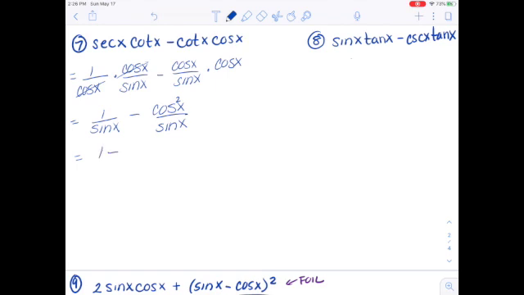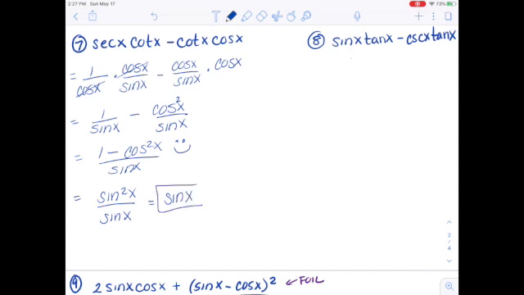So let's just subtract across the top, 1 minus cosine squared of x over sine of x. All right, and I identify 1 minus cosine squared of x. That's your Pythagorean theorem identity. And you get sine squared of x divided by sine of x, which works itself all the way down to sine of x.